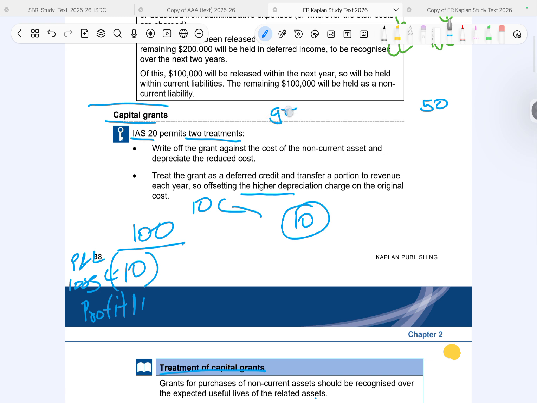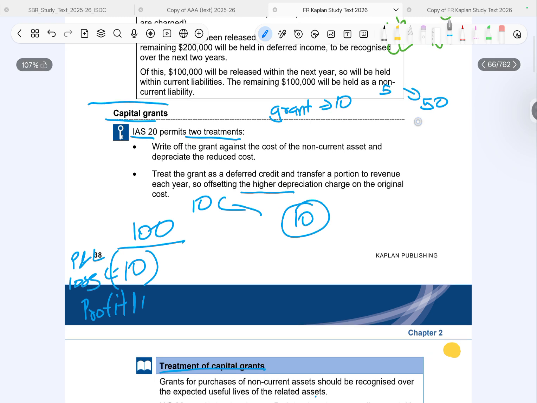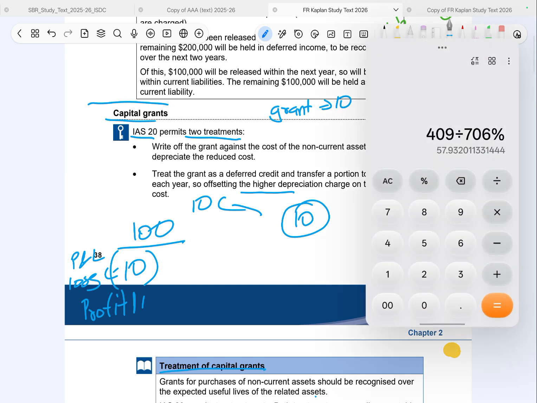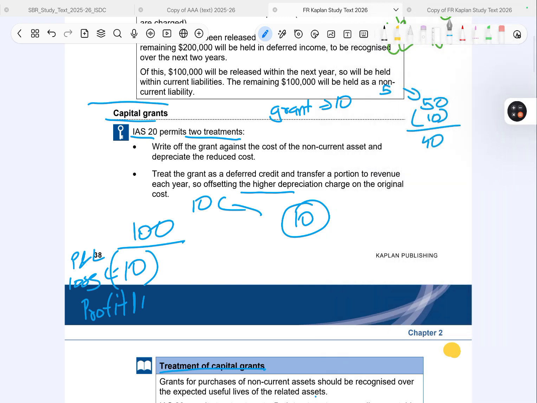Our grant value is 10, and the asset life is 5 years. So what we are going to do is set off this 10 from the non-current asset price, and we'll have 40 as our asset price, and 40 needs to be depreciated over 5 years, which gives us our depreciation as 8 per year. So this method is quite simple.